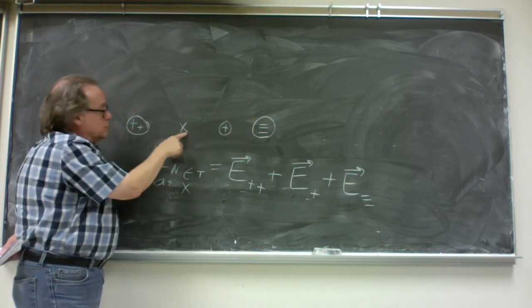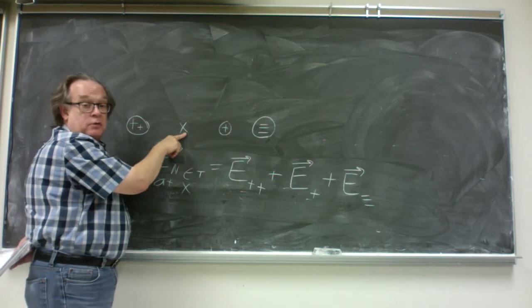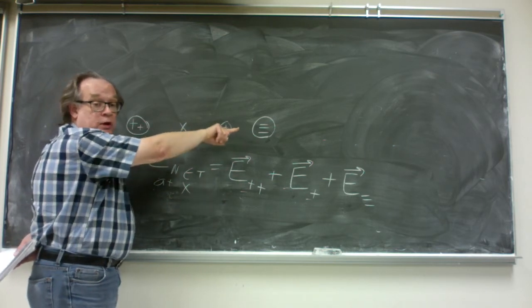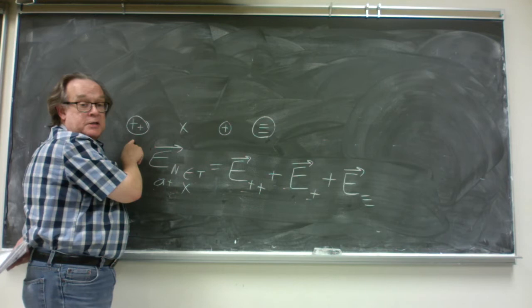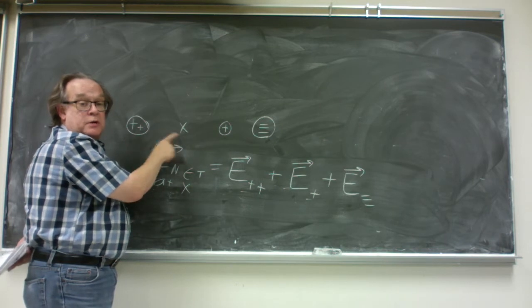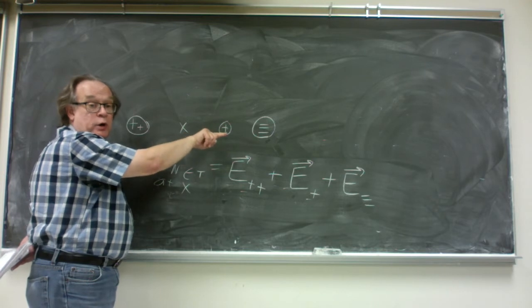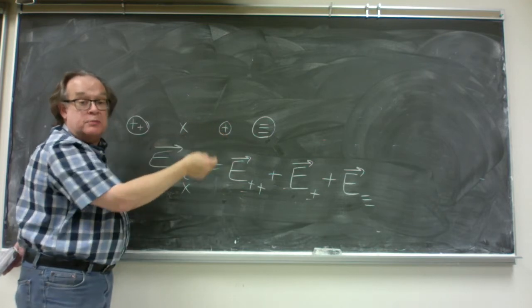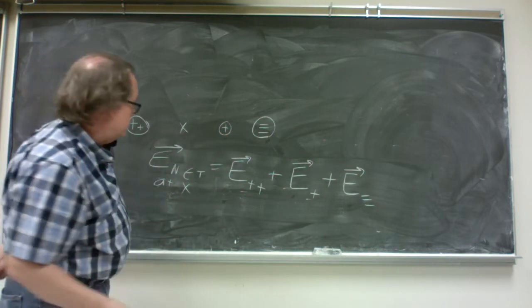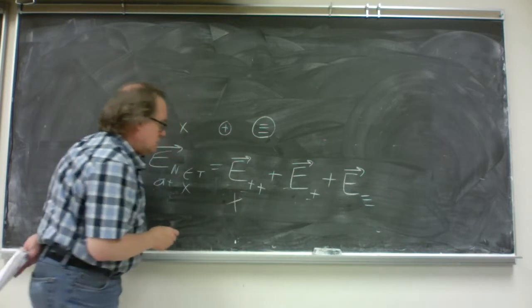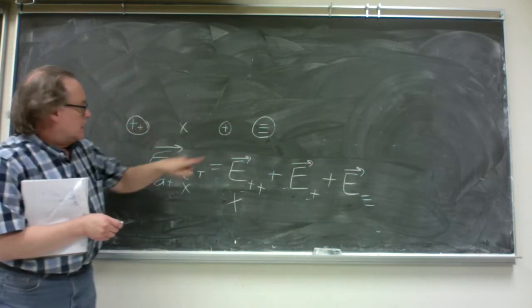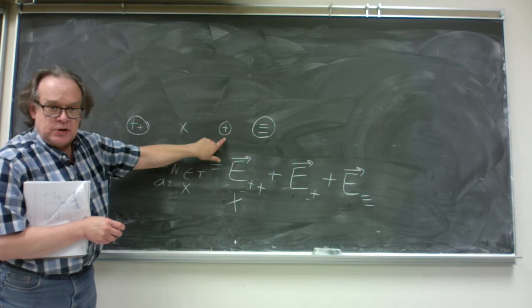So the force on a positive charge here is a force to the right, and the field that comes from this is a rightward field, pointing in the same direction as the force on a positive charge. So positive.